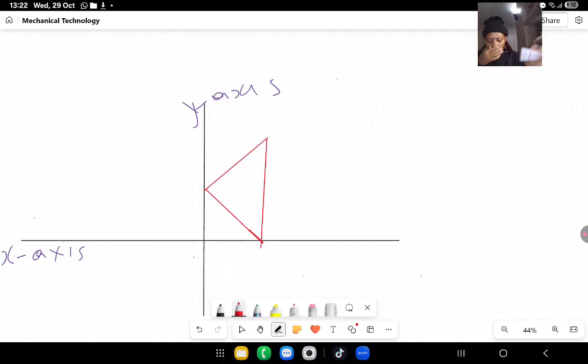So now here we have our force FAB, this side is our FAC, and this side is our weight.